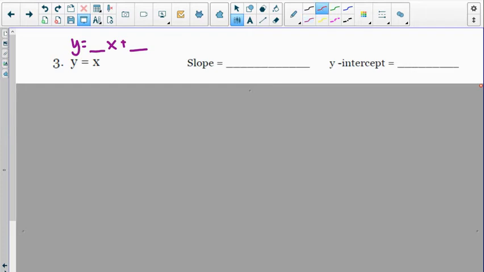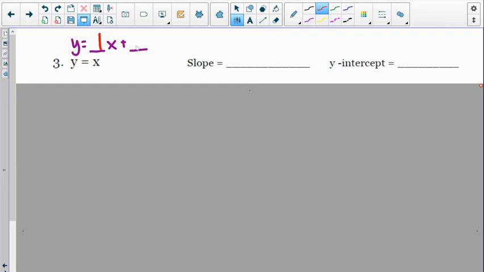So in the first blank, we want to think about what number is multiplied by x to just get x. Well, that number has to be 1, since 1 times x is just x. Now for the y-intercept, it wouldn't be 1 in the blank. It's not just always, if you don't see the number, it's 1.